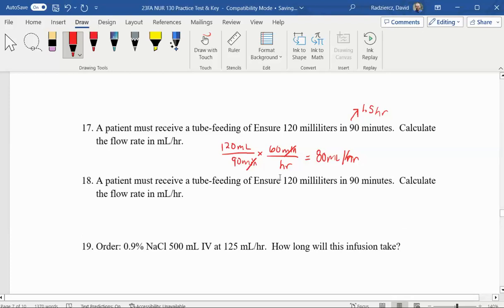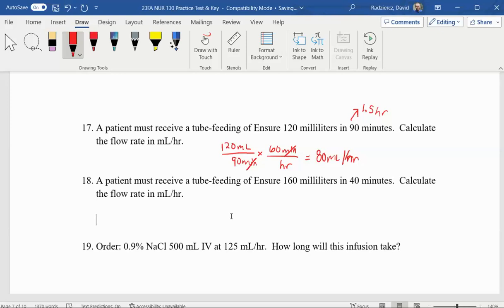So let's say this time it's 160 milliliters and it's 40 minutes. Okay. You may get a little bit tripped up on how to do that. But before I give you any kind of answer, go ahead and see if you can solve that.